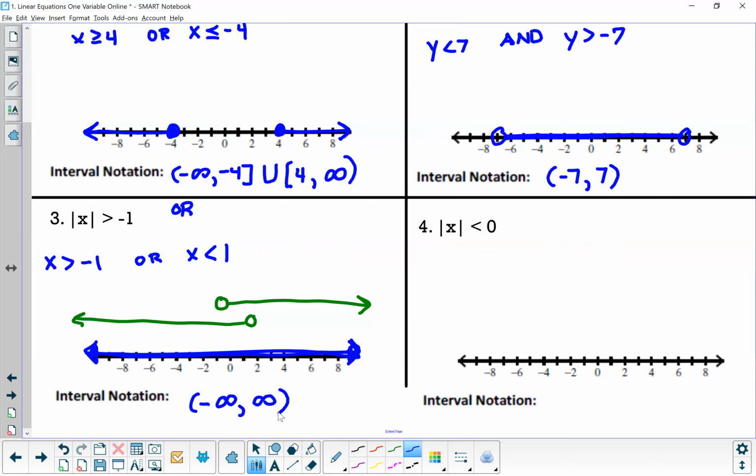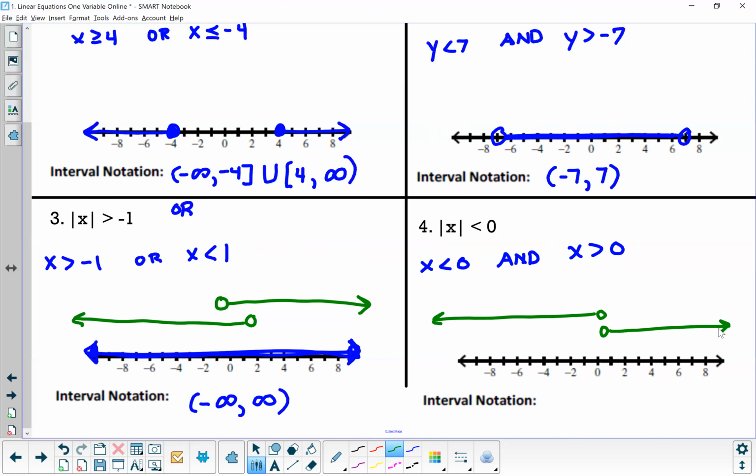But what we do know is that if we were to write the compound inequality that may go with this, it would be x is less than 0 and x is greater than 0. So if I do the scratch work, x is less than 0, it's an open circle at 0, and we're going to the left. X is greater than 0, it's an open circle at 0, and it's going to the right.